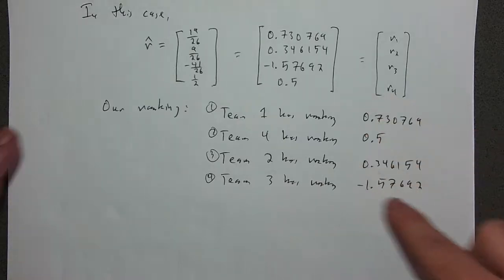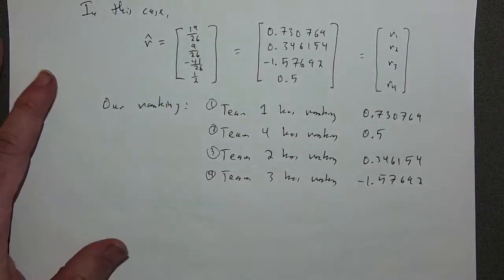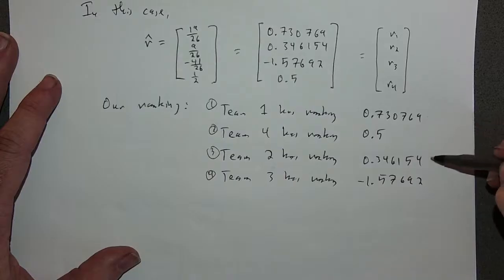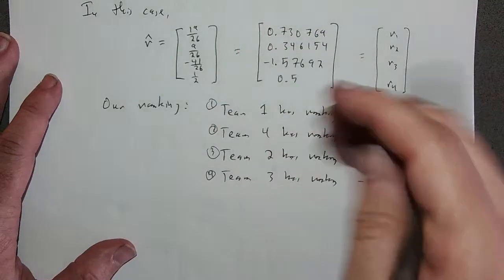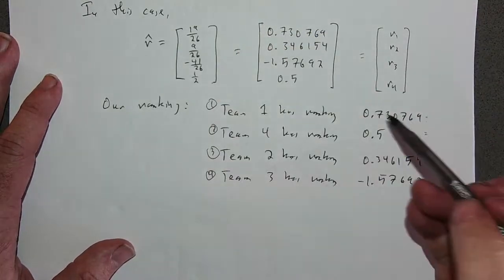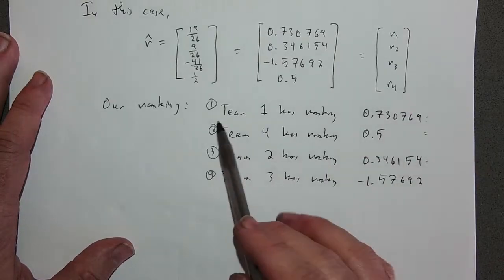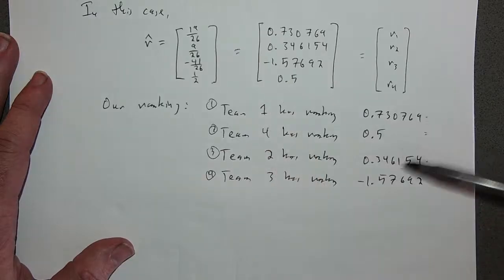So looking at these rankings and trying to make sense of them, you say, okay, according to these rankings, in relative terms, these numbers are pretty close. So according to this ranking, even though we have a hierarchy here, so we do have a ranking, none of these are tied, but these are fairly close. So this ranking would say that teams 1, 2, and 4 are actually pretty close to each other.